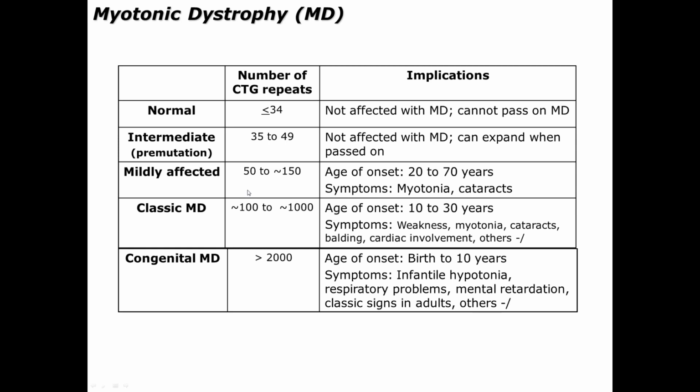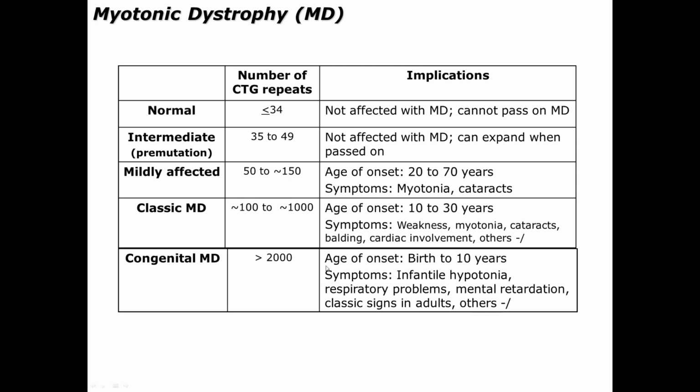So when somebody has 34 repeats or less, that is the normal number of repeats. So somebody with 34 repeats or less will not have myotonic dystrophy, and they will not pass it on to a child. The cutoff is 50. So when there is 50 repeats or more, that is considered a positive test result.